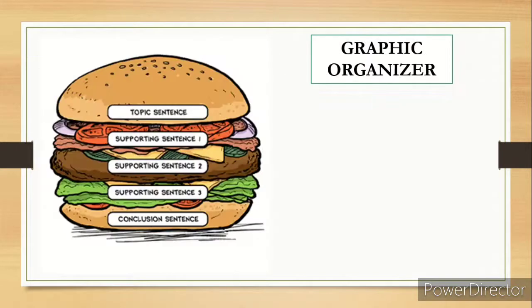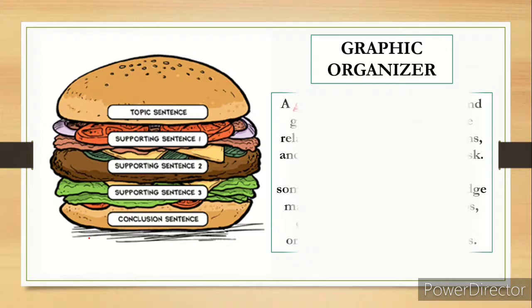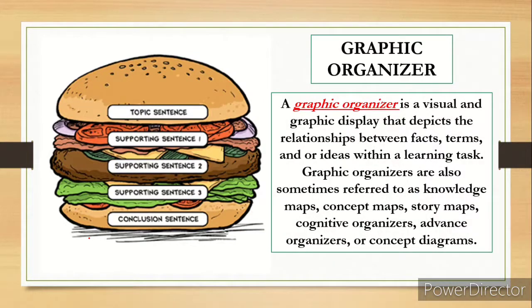Next, we have here graphic organizer. A graphic organizer is a visual and graphic display that depicts the relationships between facts, terms, and/or ideas within a learning task. Graphic organizers are also sometimes referred to as knowledge maps, concept maps, story maps, cognitive organizers, advanced organizers, or concept diagrams.